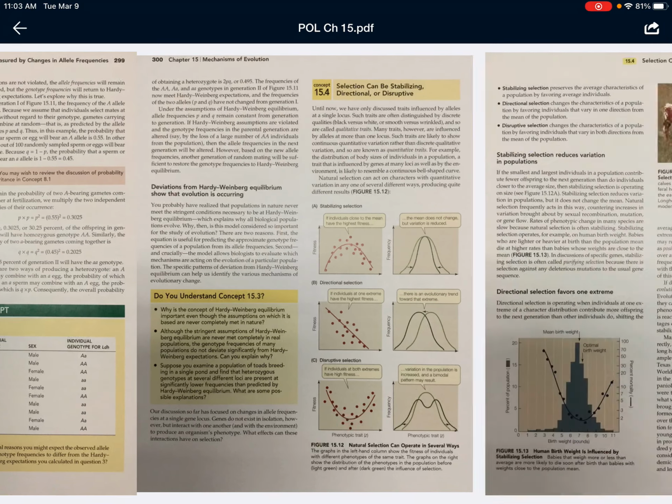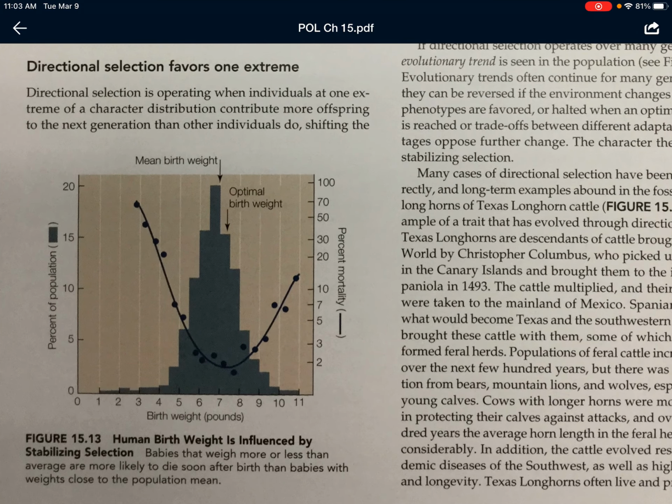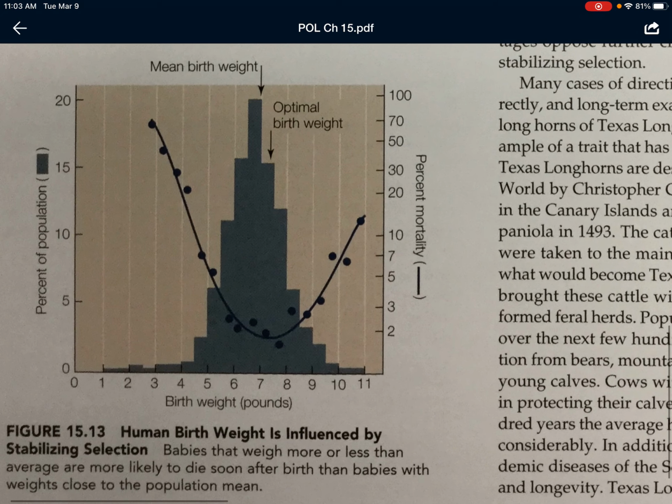And it does give some examples. An example of this type of selection would be birth weight. It's a tough one to talk about, I suppose, but the graph here shows that babies born between 4.5 and 9.5 pounds are most of the individuals, and the mortality of those individuals is pretty low.